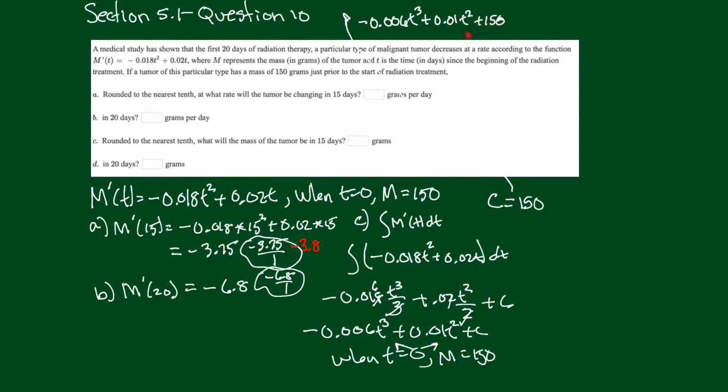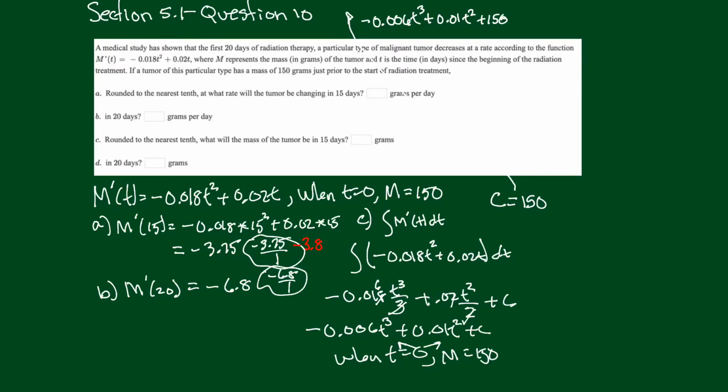Now we want to know what it's going to be in 15 days. We already know how it changes in 15 days, so let's just put 15 in here. I'm running out of space here, so I'm going to jam it in here.